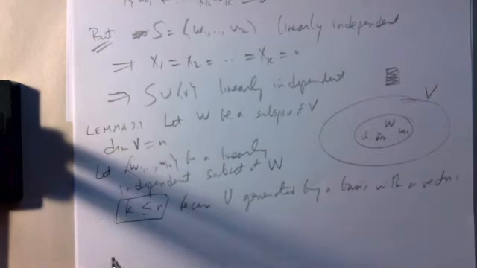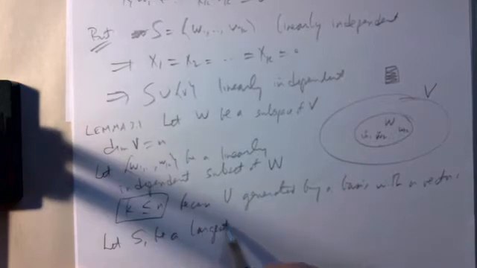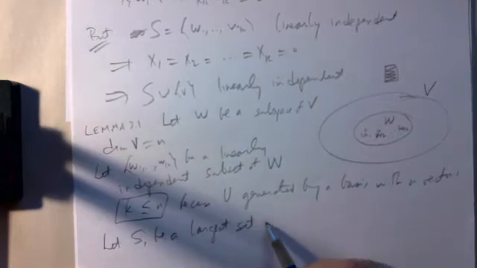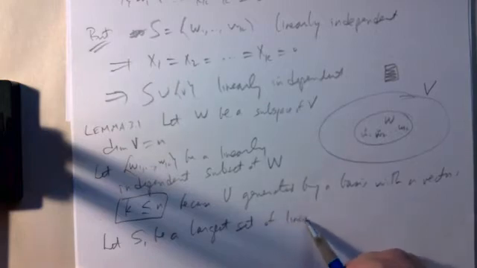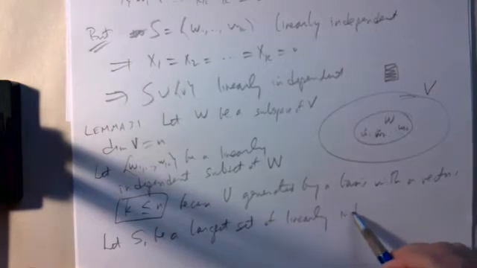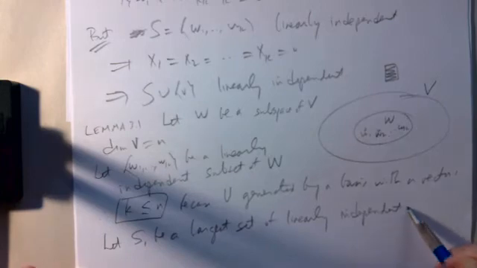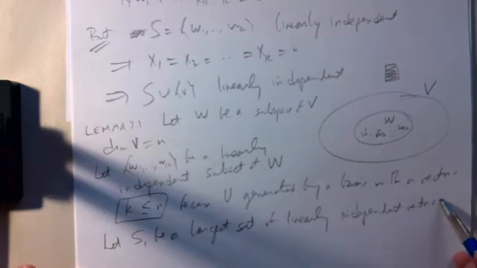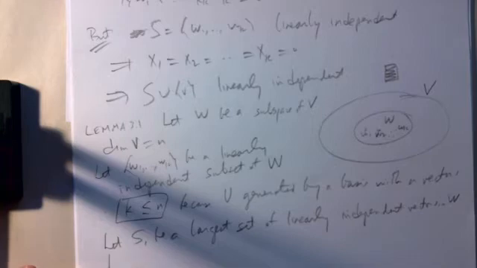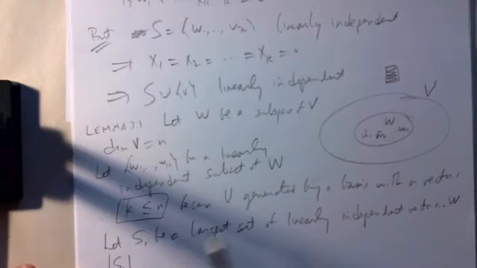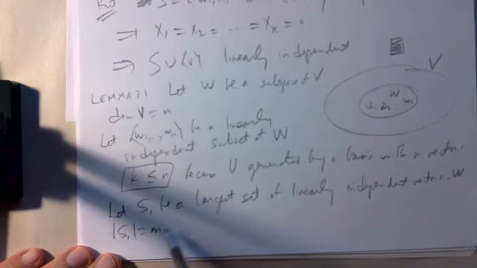So suppose we let S1 be a largest set of linearly independent vectors in W. And if S1 contains m vectors, m is certainly less than or equal to n, because it can't contain more vectors than n.